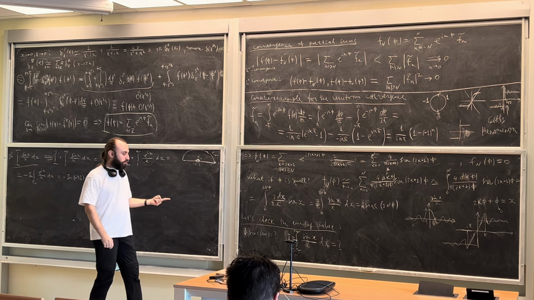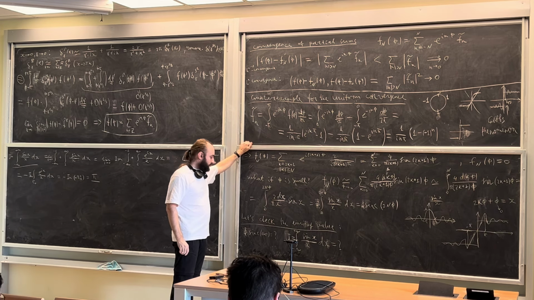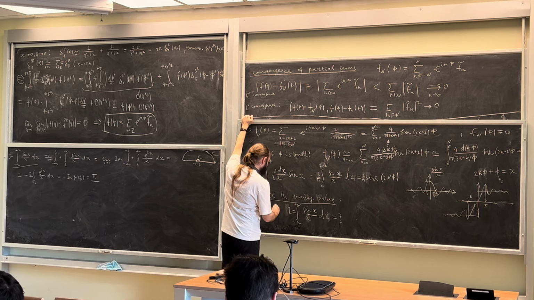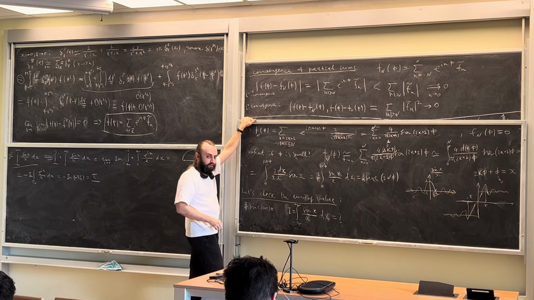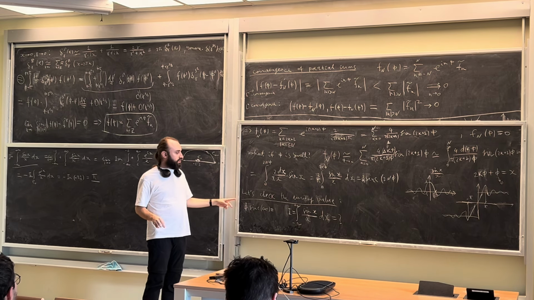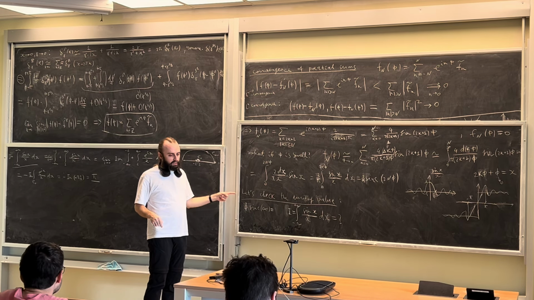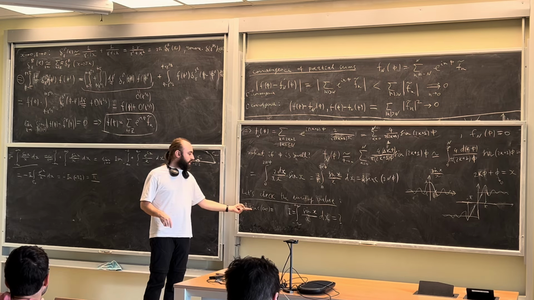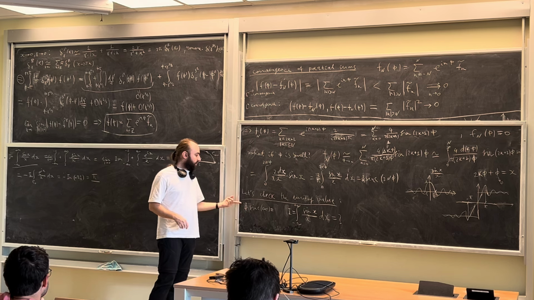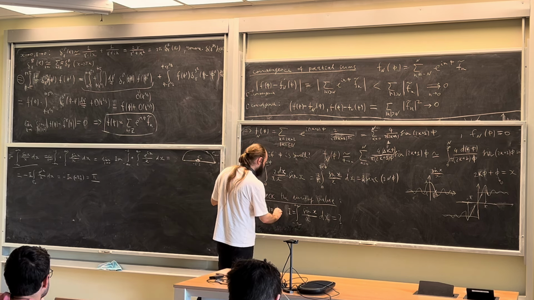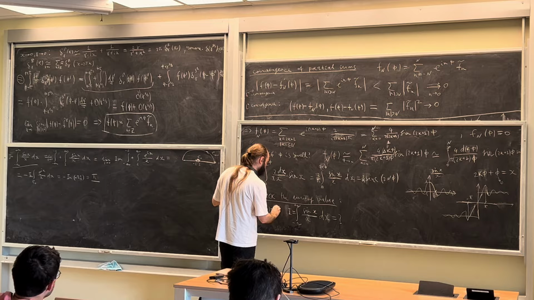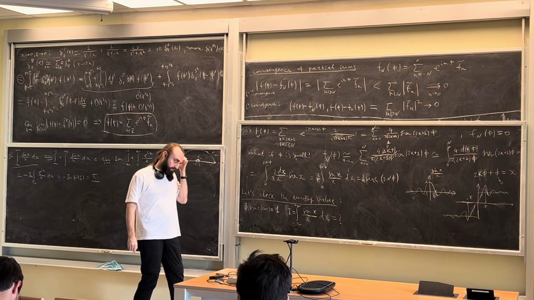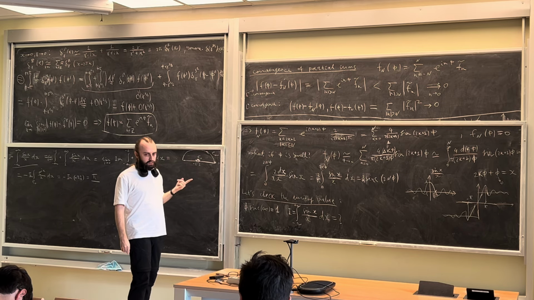So if we go back, what is the value of this function? It's 2 times the half integral, the whole integral divided by pi, so it equals 1, as it should be.